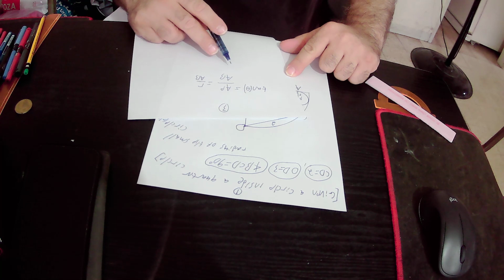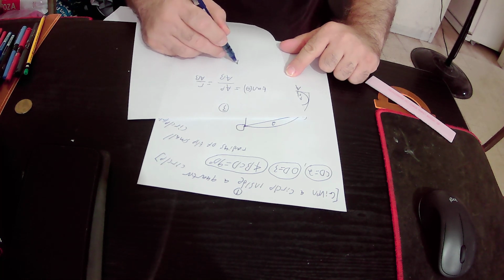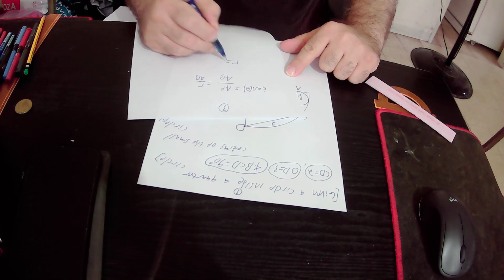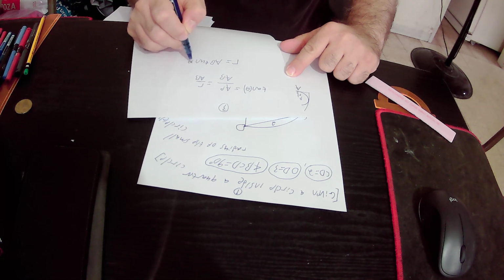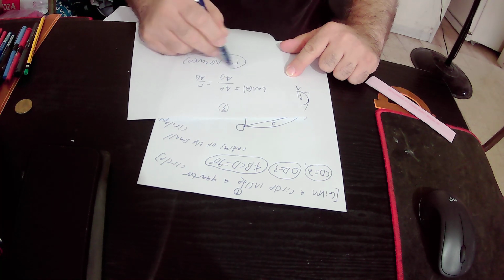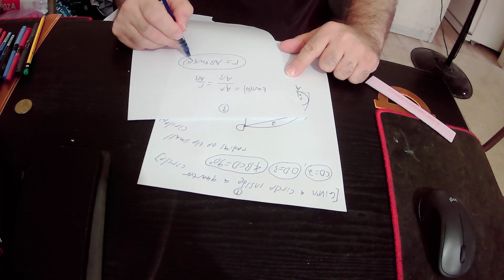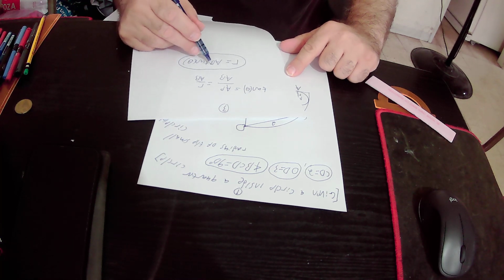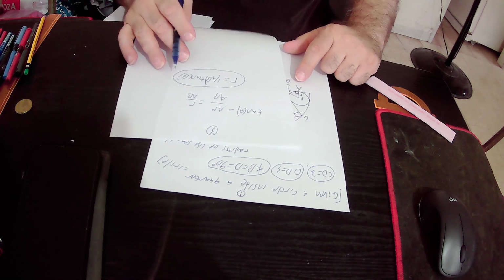And if we multiply this equality by AB, we will get that the radius of the small circle equals AB times tangent theta. Okay, so in order to find out the radius of the small circle, we have to find out the value of AB and the value of tangent theta.